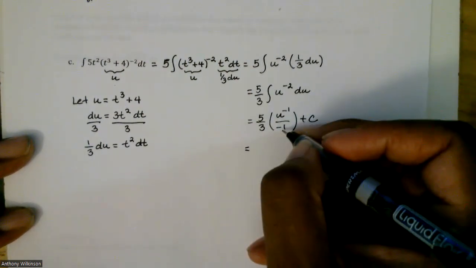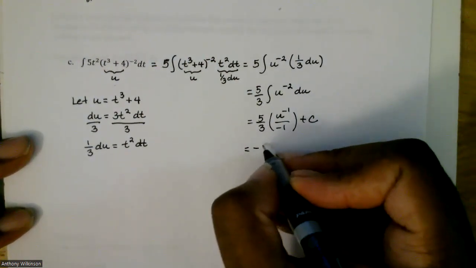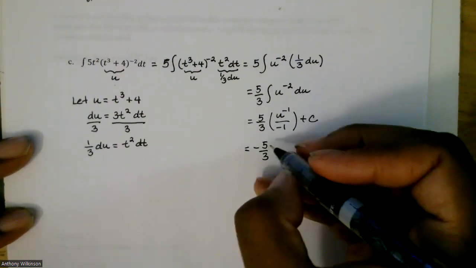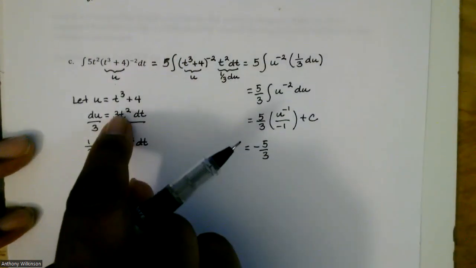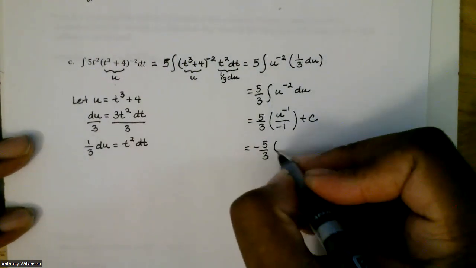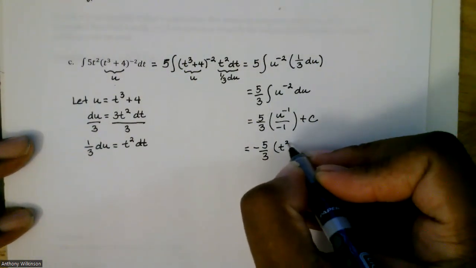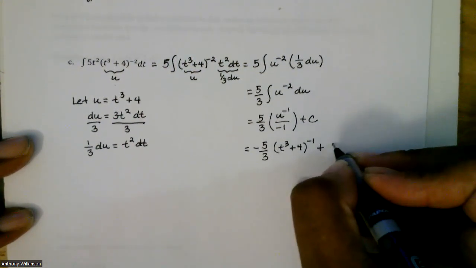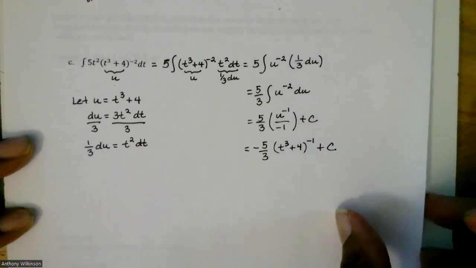Now, that 5/3 divided by -1 is just going to be -5/3 here. And if I replace the u with that t cubed plus 4, that'll be t cubed plus 4, and that quantity is to the -1 power plus c.